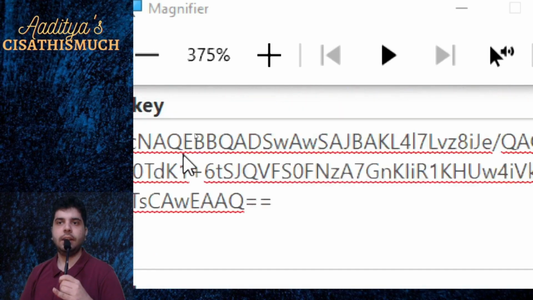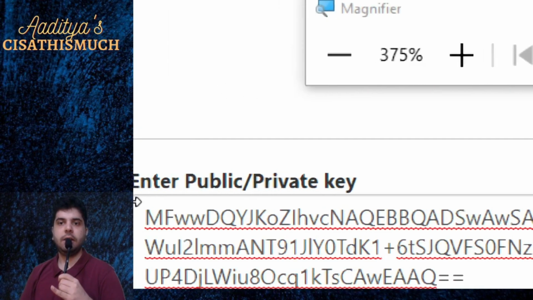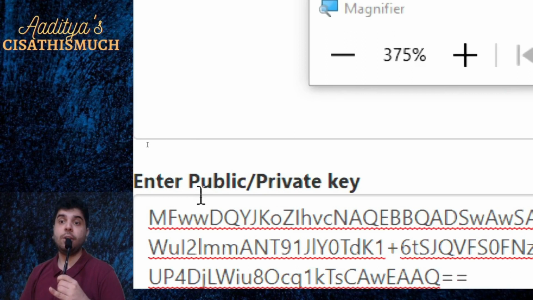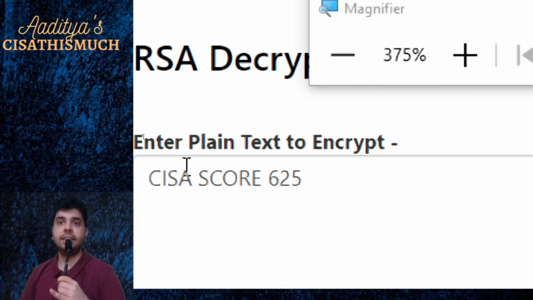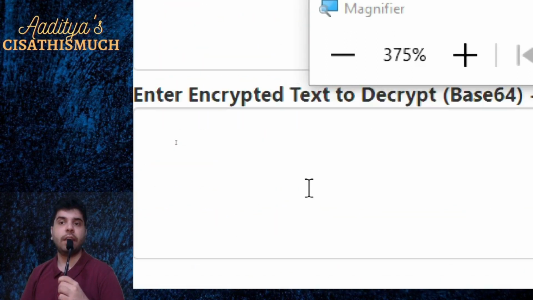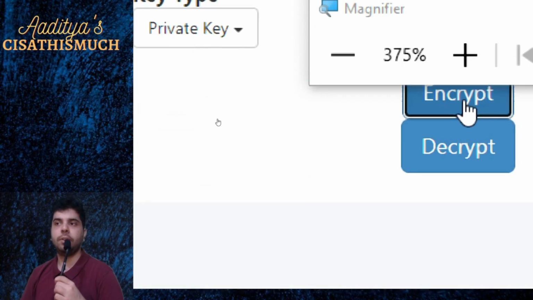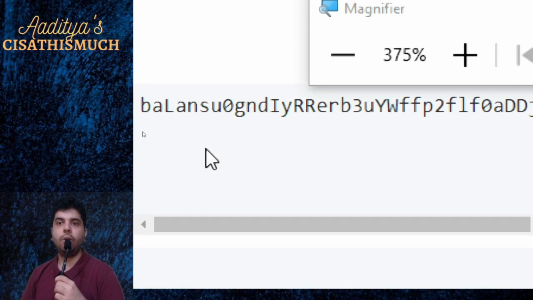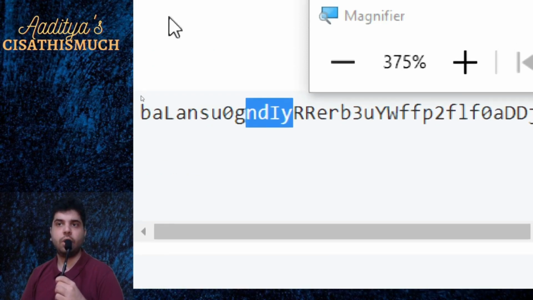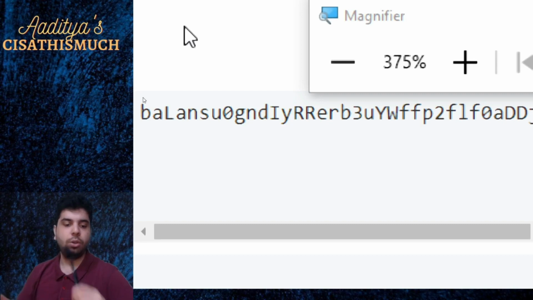Yes, so this is the public key of John and this is the data, CISA score 625. All right, now I'm clicking on encrypt. Now this ciphertext is formed. Now this is the ciphertext. All right, let me zoom out.